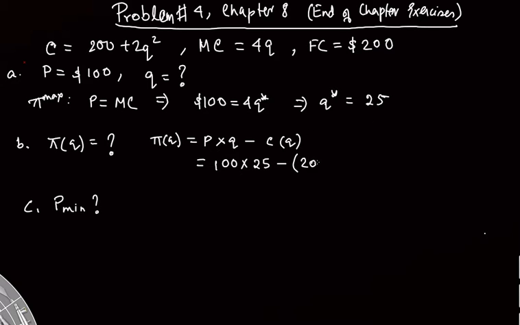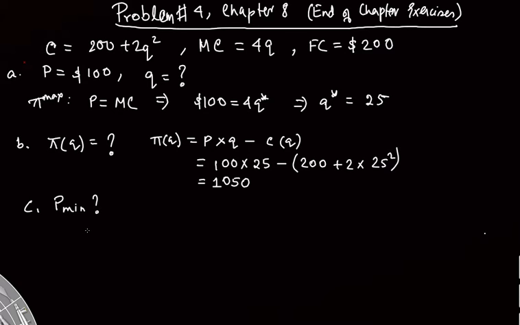So total cost is 200 plus 2 times 25 square. If you solve this, you should get 2500 minus 1450, so profit is 1050.